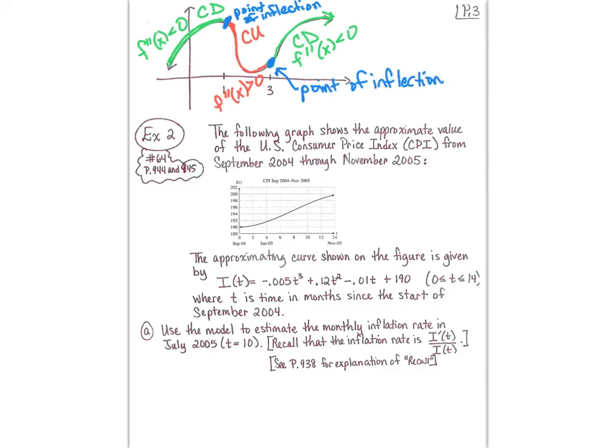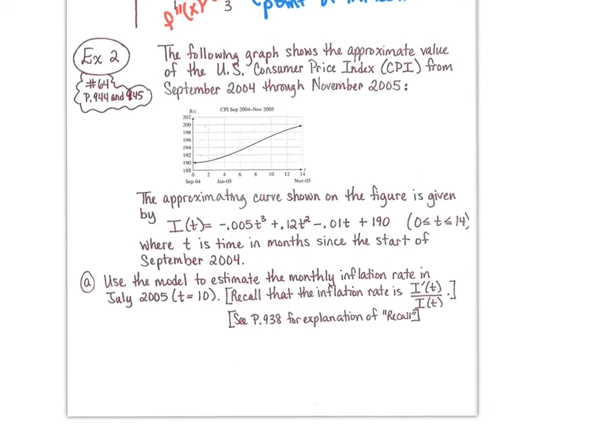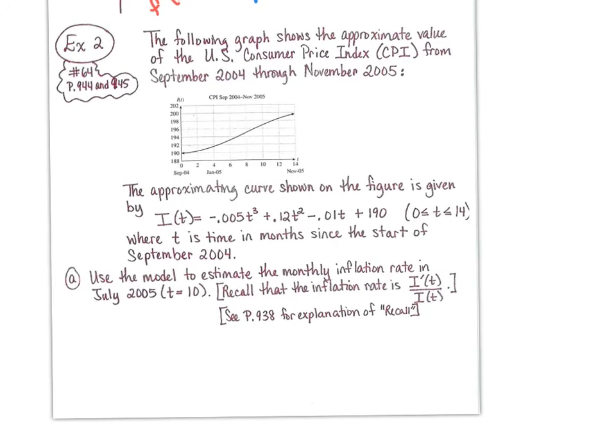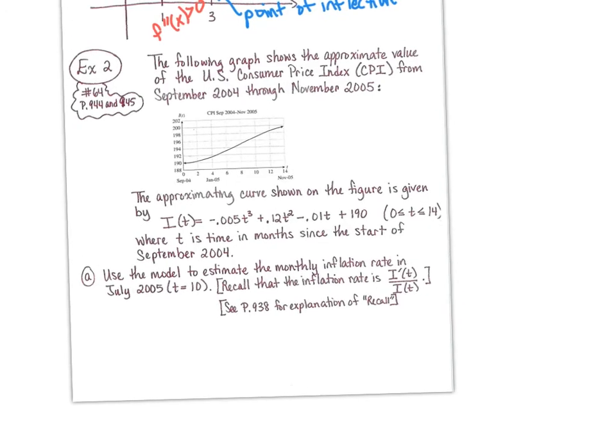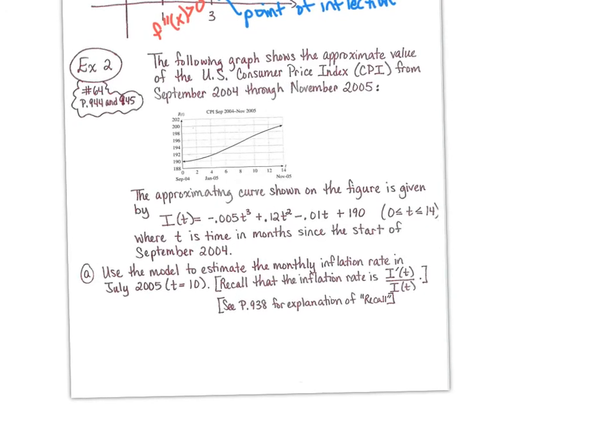Okay? So where does this actually come into play? It comes into play in these types of examples right here. The following graph shows the approximate value of the U.S. Consumer Price Index, the CPI, from September 2004 through November 2005. We have this curve.